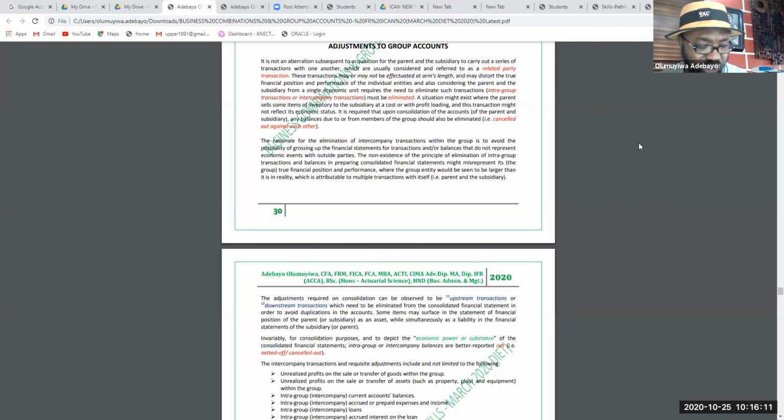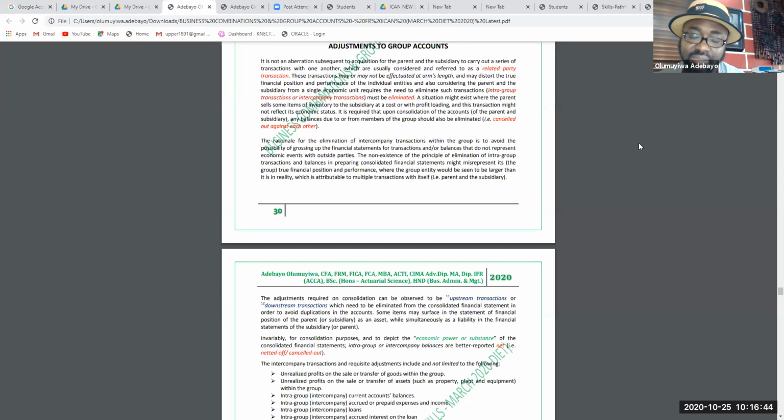It does not necessarily make them one, but they should be seen as one. And why they are not one is that the husband cannot go on to write the ICAN exam for the wife. But if they are truly one, in its real sense, that means the husband can write the exam for the wife. Likewise, the wife can assist the husband at the workplace to do the work.